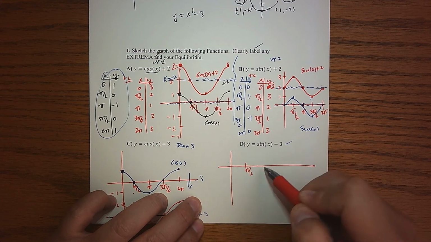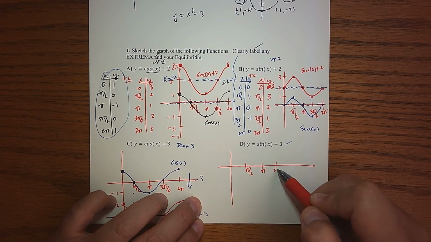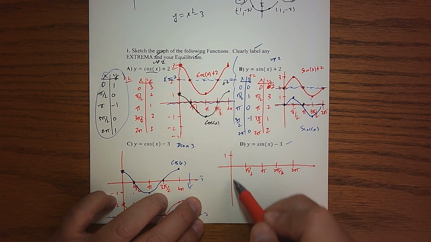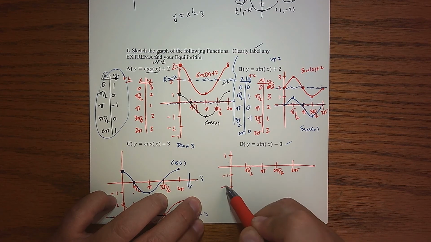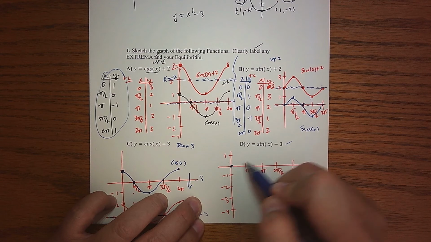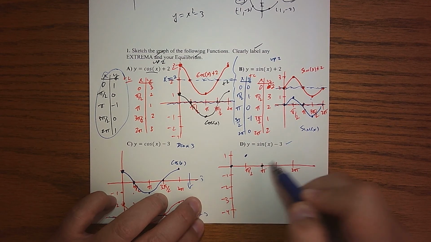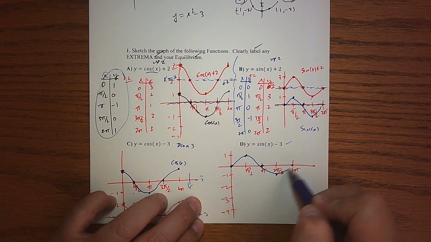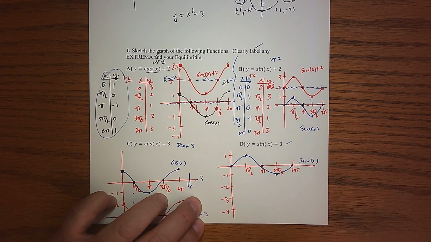So our normal quadrants are this guy, right, because we're not impacting the x. We have negative 1, negative 2, negative 3, and negative 4, right? And so in blue, a normal sine graph starts at 0, goes to 1, comes back to 0, goes to negative 1, comes back to 0. So there's our normal sine graph over one period.